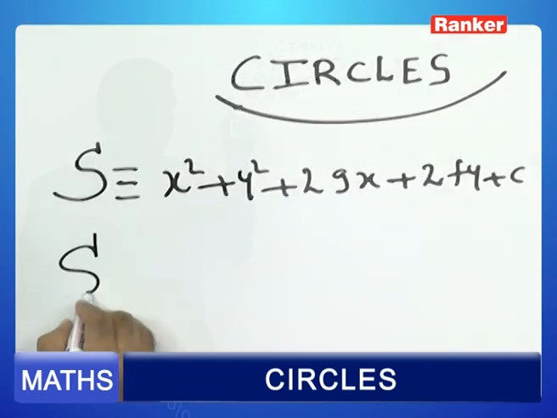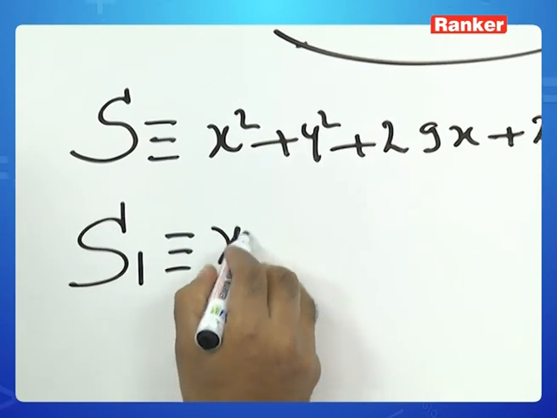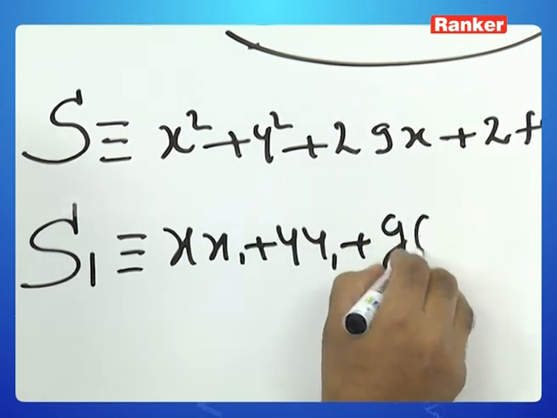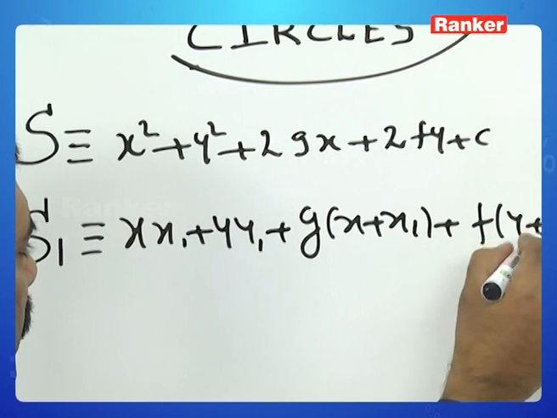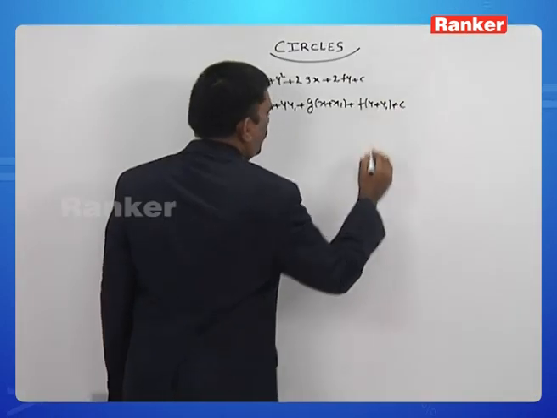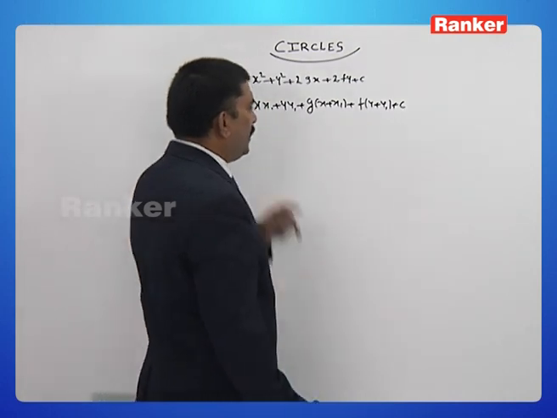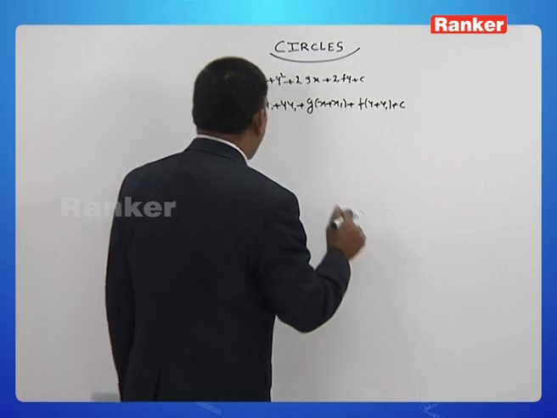Now what is S1? S1 is nothing but xx1 plus yy1 plus g into x plus x1, plus f into y plus y1, plus c. Here you can find x and y; if I put it equal to 0, it represents a line equation.